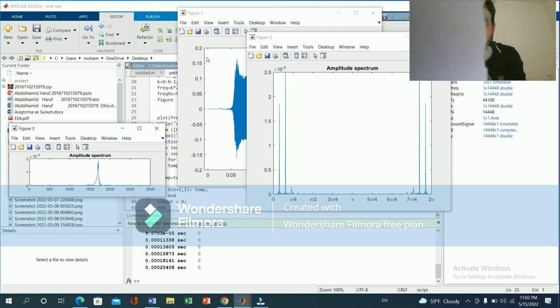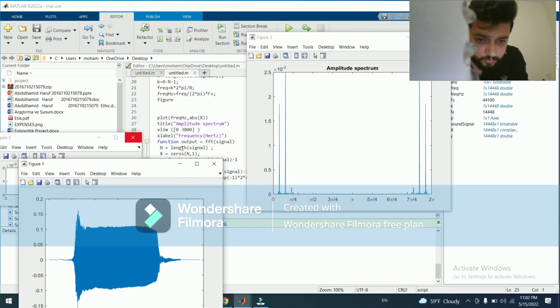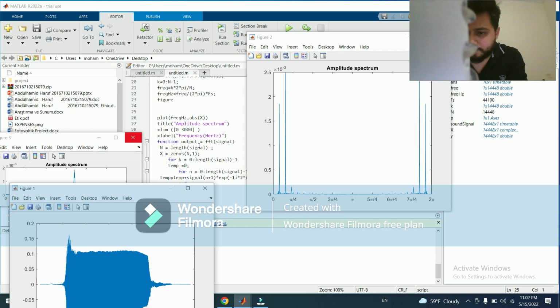and also you can easily see that the period after this part. I will show this part. This part shows plotting the first part is enough.